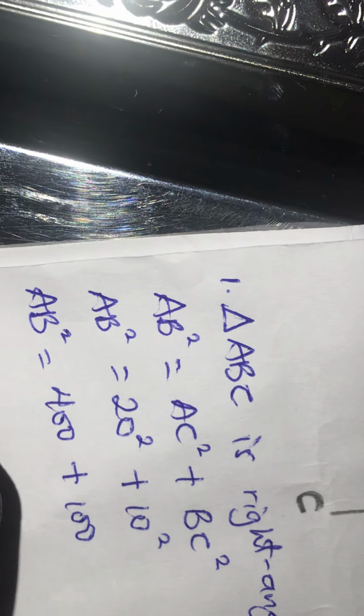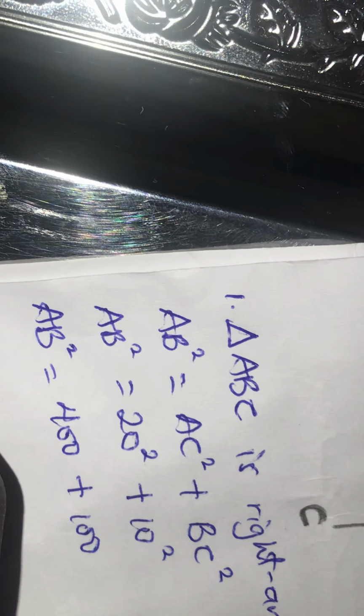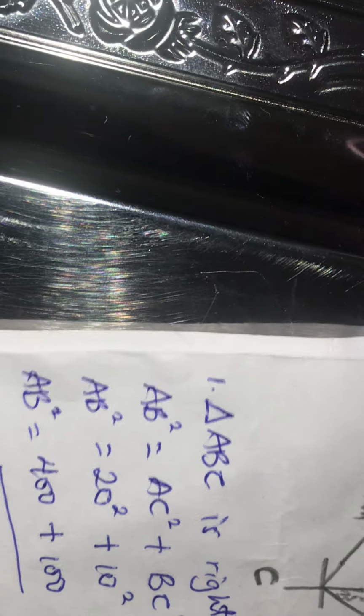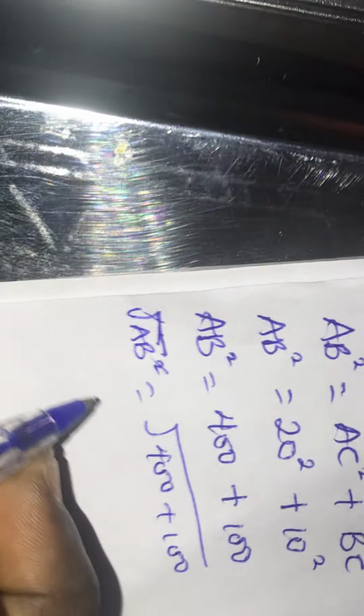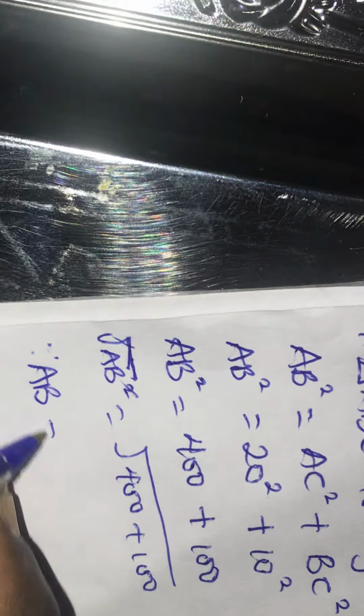We now have to square root both sides to get rid of the square here. So square rooting both sides, the square cancels out with the square root sign, and we get AB as square root of 500.